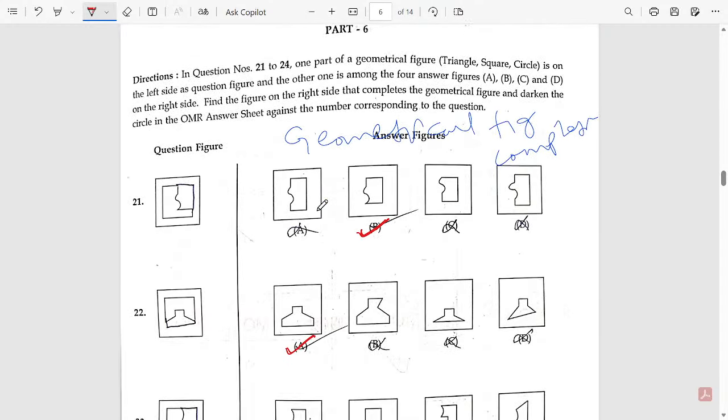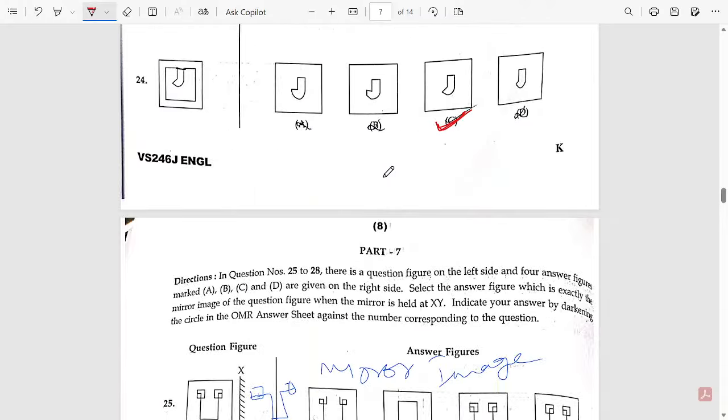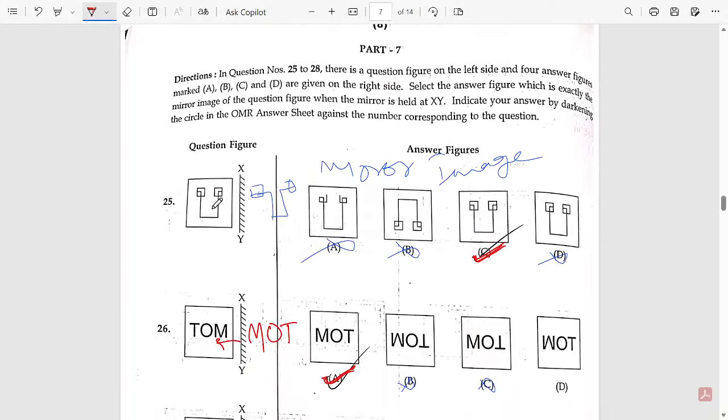The sixth part is geometrical figure completion, the cut part. Here a cut is there, so we have to join to complete the figure. The seventh part is mirror images. The eighth part is paper folding and cutting.